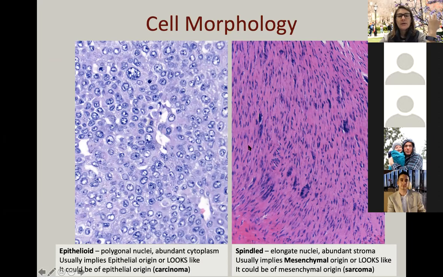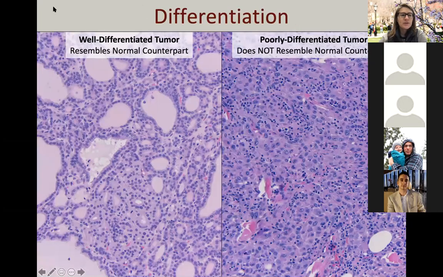But if you think about it, anything that is of a mesenchymal stem cell origin can transdifferentiate to look epithelioid, and something that is of true epithelial origin can also differentiate to look spindled or mesenchymoid. So again, these morphologies are not necessarily strict, but they can generally be used to describe what the cells look like. Okay, tumor differentiation.